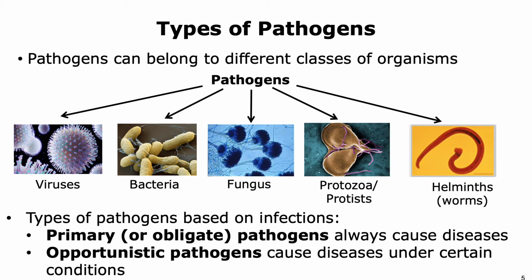The other category are the opportunistic pathogens, which a lot of times try to coexist with the host. However, under certain conditions and circumstances, these organisms that are coexisting with the host can actually cause diseases, and hence they wait for the opportunity in order to become a pathogen.